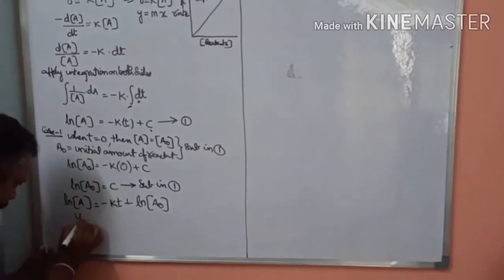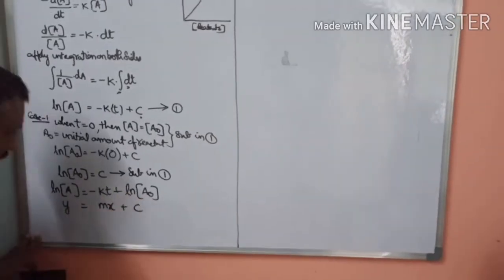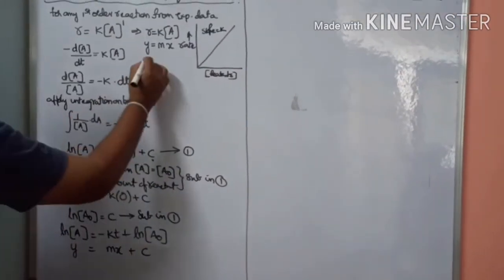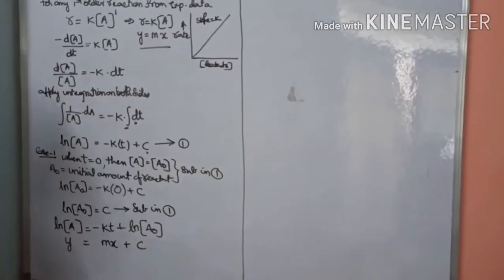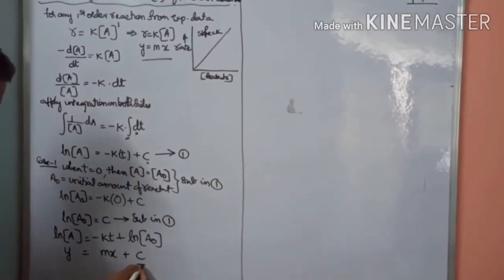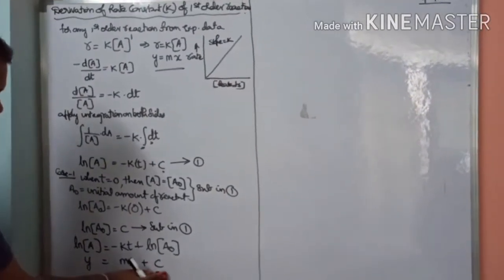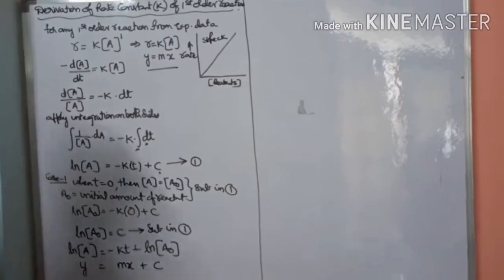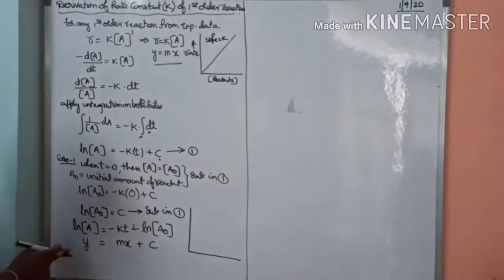It is in the mathematical format of y is equal to mx plus c. See, here we said it is y is equal to mx, a straight line passing through origin, but there is an extra value of c which is a constant value which makes an intercept on the y-axis. So the graph will be different. What is your y term?